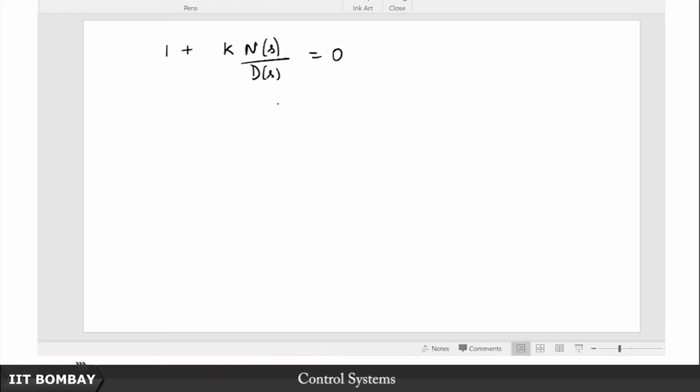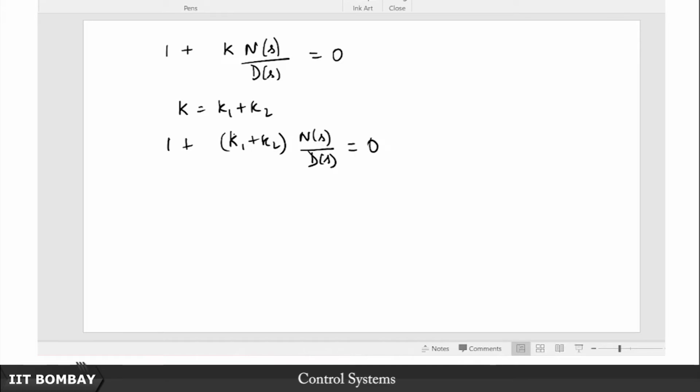Notice that if you pose k as k1 plus k2, as I did in the earlier lecture, then you can write this as 1 plus (k1 plus k2) times N(s) upon D(s). So we are essentially looking for this.